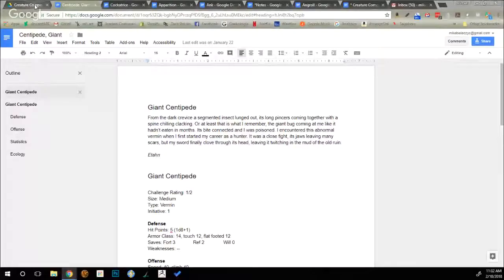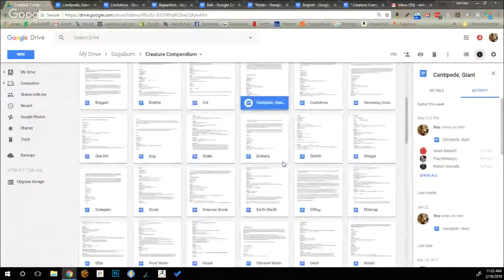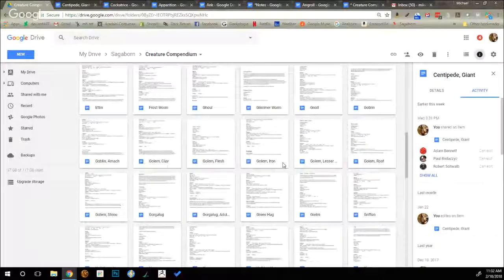Okay. Because also the other thing that we're going to find is a lot of these creatures are going to be sort of boring, not boring to play against, but like, giant centipede, I even wrote for Atan. So I would have thought that that would have been one that would have been good for the encyclopedia. But for example, every Golem out there, there's no way that our characters ran into every Golem.